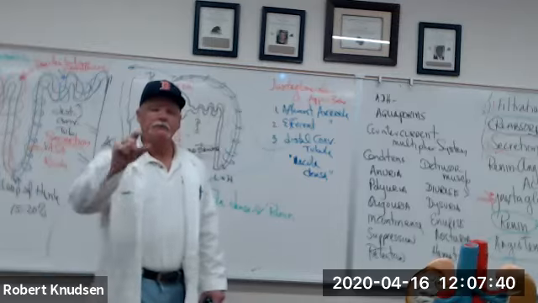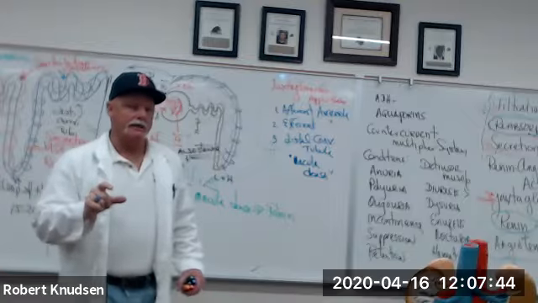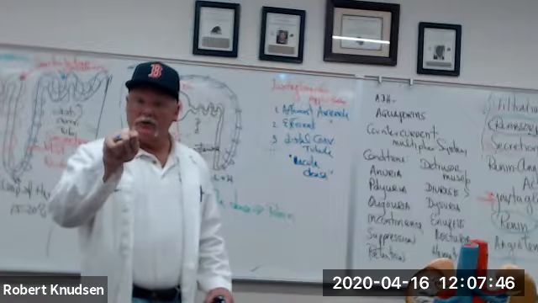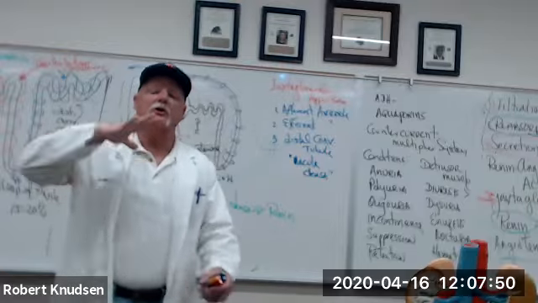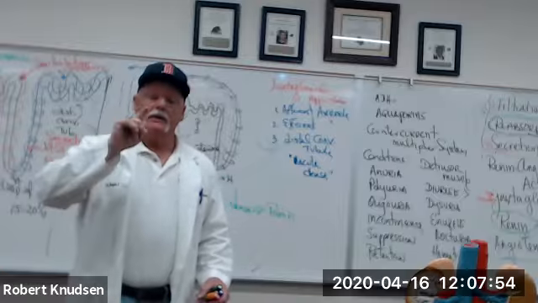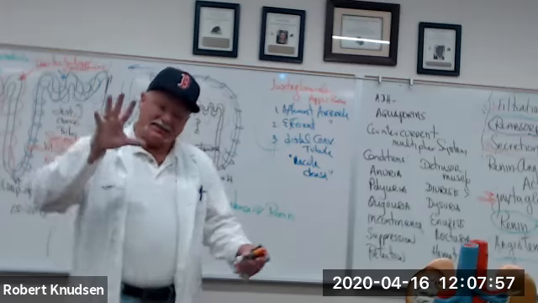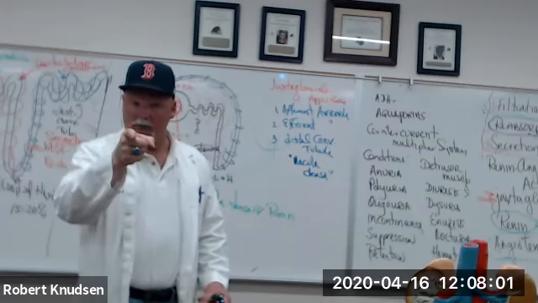Yes? Sodium chloride. Now, sodium chloride is a solute, okay? So the higher the solute, the term we use is hypertonic. What are we going to do to try to make it isotonic? We add what to it? Water.